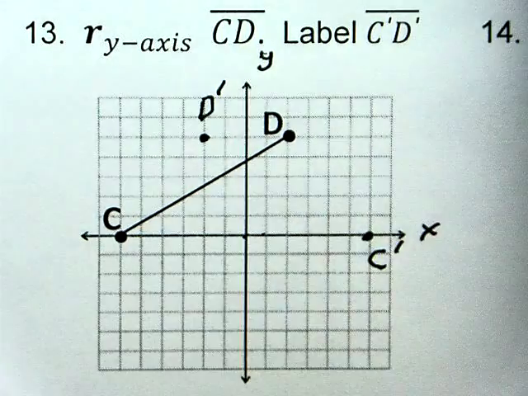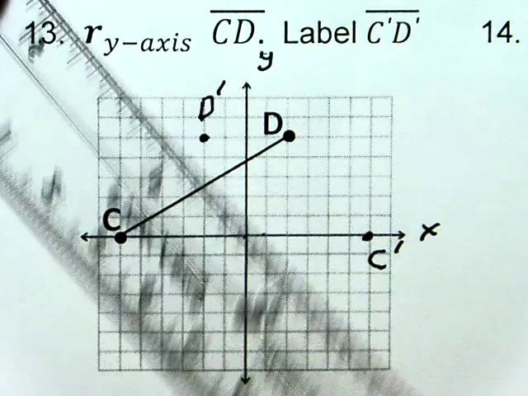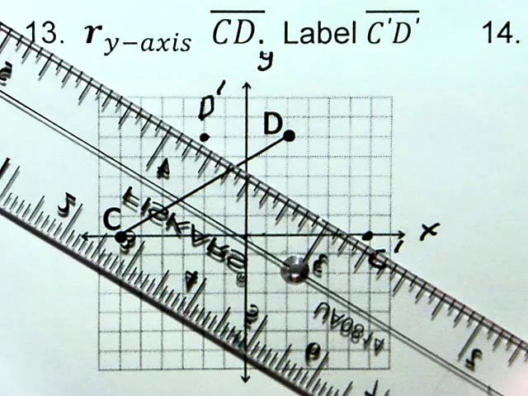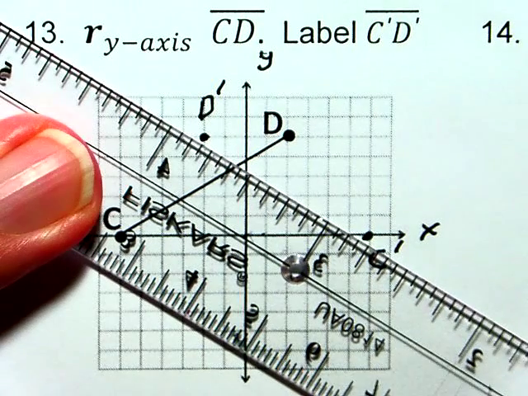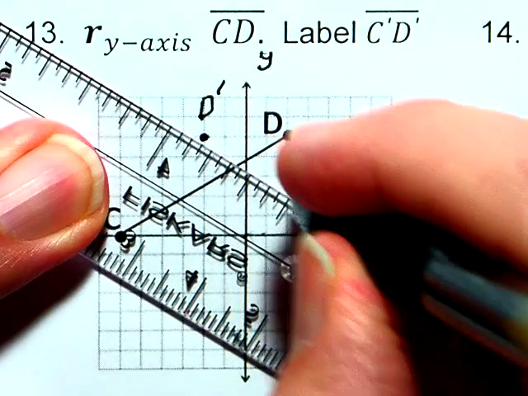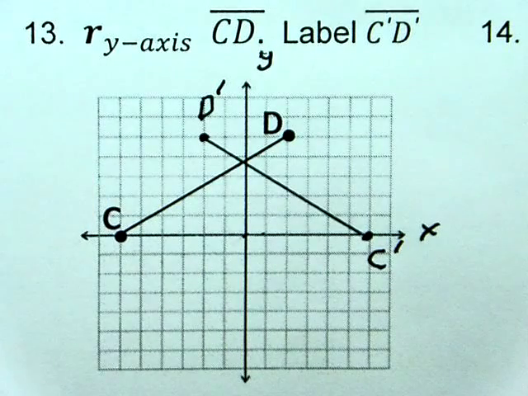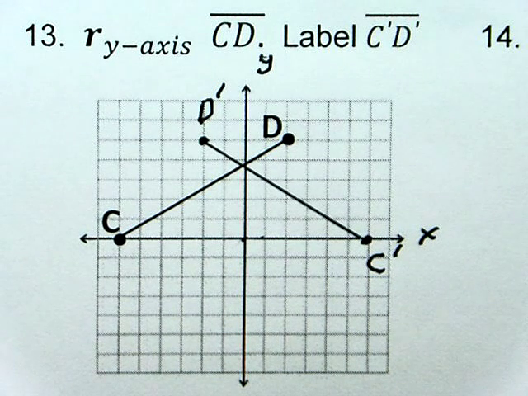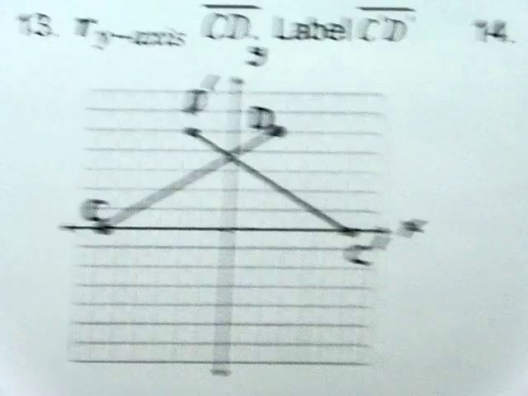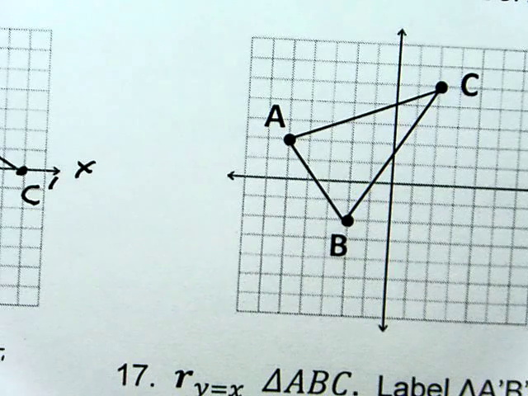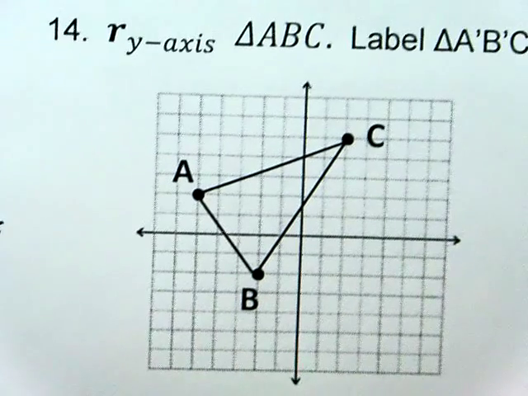Okay, so in order to create C prime D prime line segment, we now need to connect the points C prime and D prime, and we're done. Okay, that is the reflection. C'D' is a reflection of CD. Let's take a look at the next problem, problem number 14.